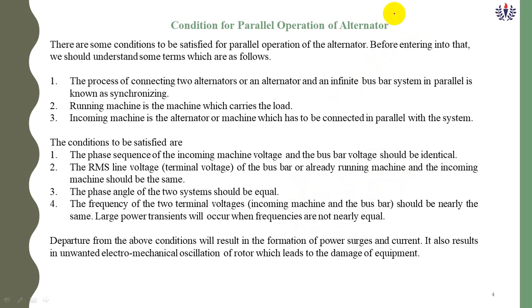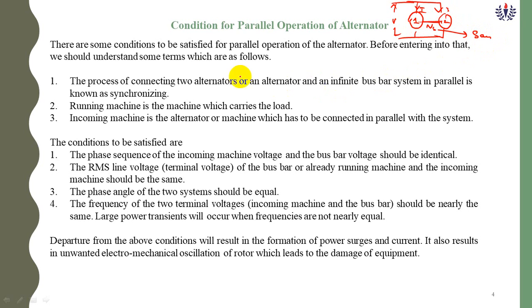For example, this is alternator 1, and this is alternator 2. I am connecting them in parallel with a common voltage. The current flows differently, but the speed between these two should be same.